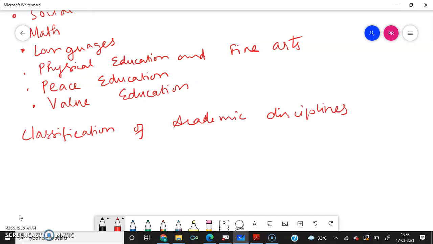What are the classification of academic discipline? What is the need and importance of classification of discipline? Is there any need to classify? Yes, there is a need.